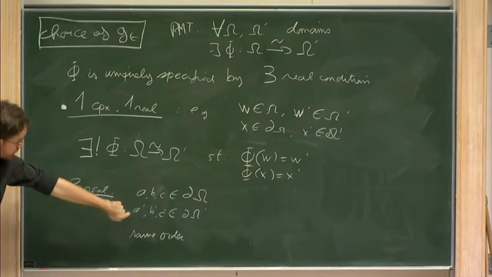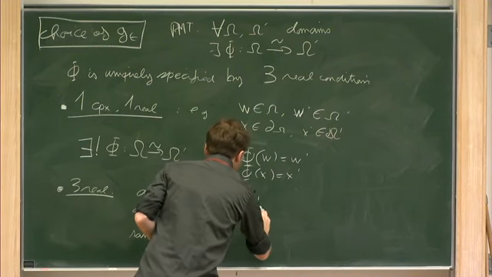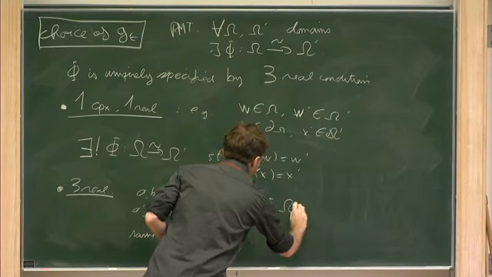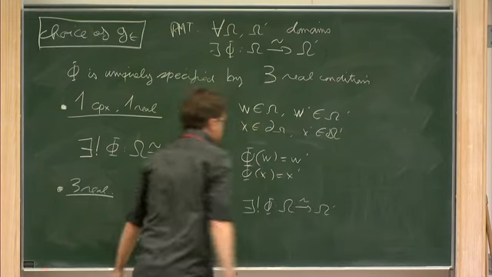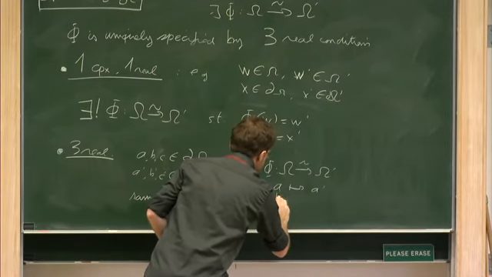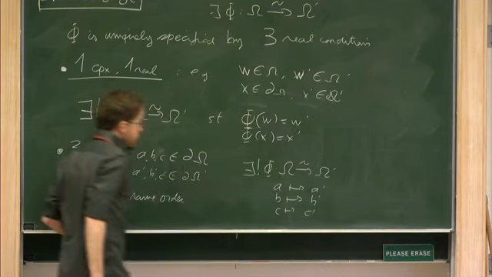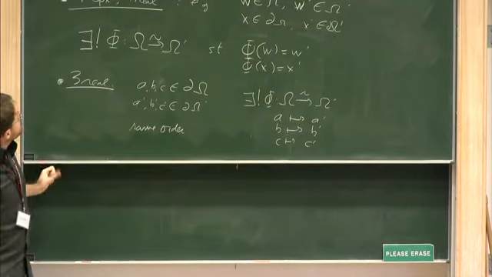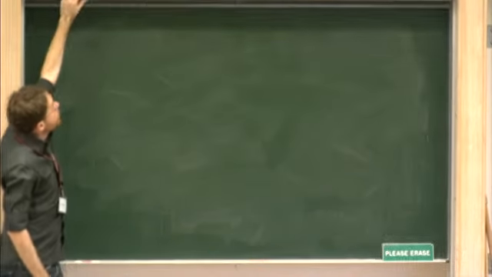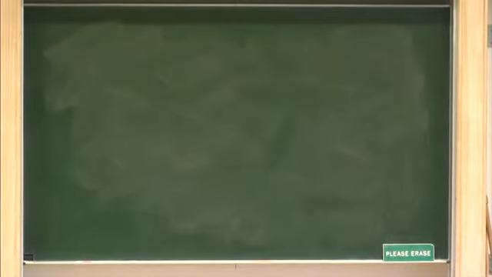And if you fix these 3 points and these 3 points, then there exists again a unique phi from omega to omega prime, which is conformal and which sends A to A prime, B to B prime, and C to C prime. So this is what you can do typically if you want to specify out of all the conformal maps between two domains, if you want to specify one of them.